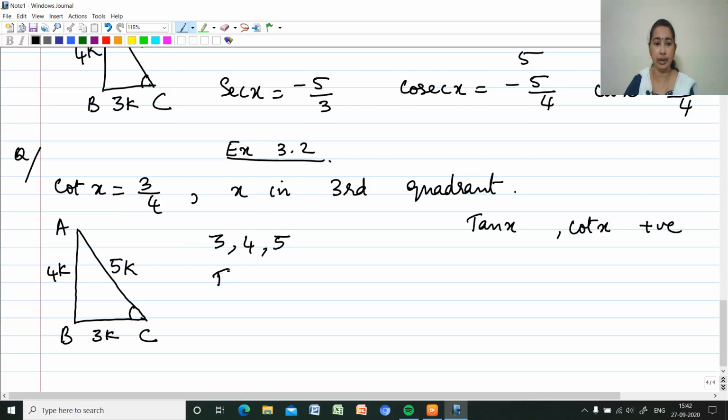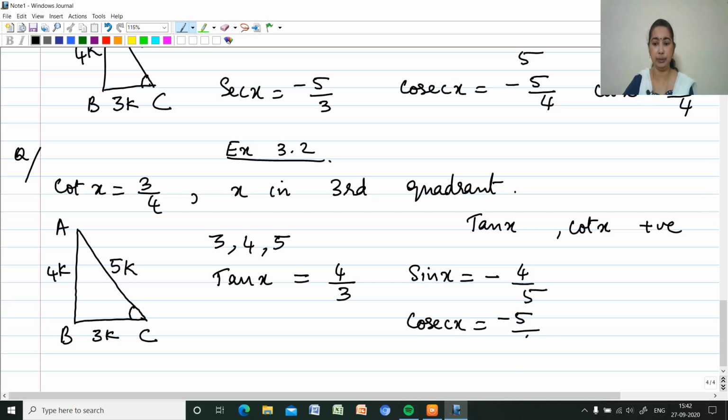Already we know tan x. Tan x, since it is in the third quadrant, we know it is positive and it will be 4 by 3. Now, the remaining ratios, sin x is equal to minus sign should be there, then opposite side by hypotenuse, that is 4 by 5. Then cosec x is equal to minus 5 by 4.